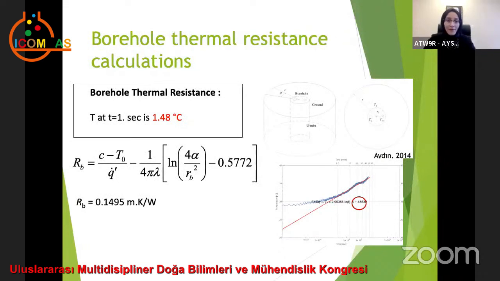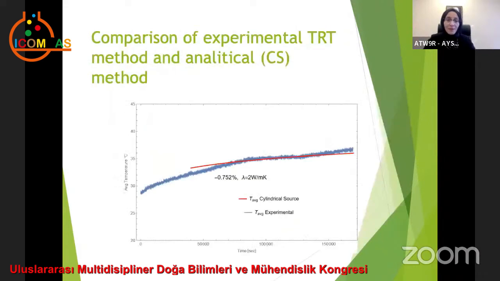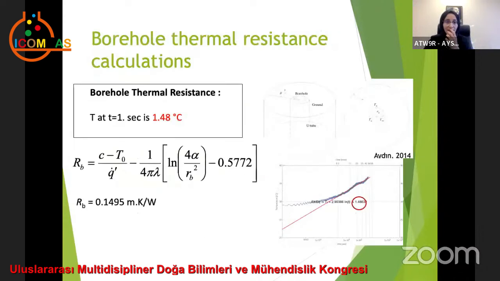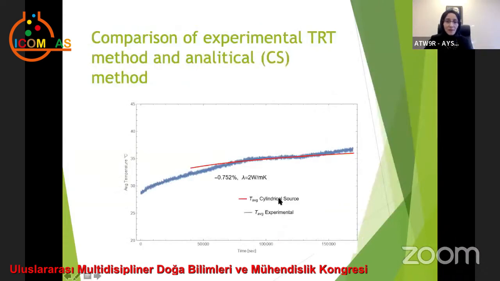Okay, then we compared our experimental results with the analytical circulating cylindrical source method. So you can see here that we got this nice fitting curve, and we got 2 watts per meter Kelvin.